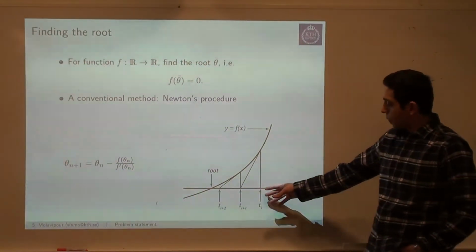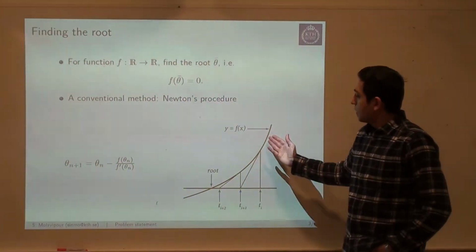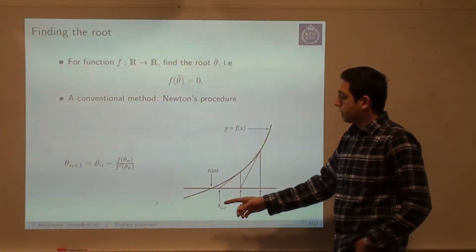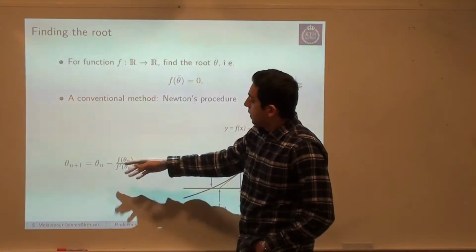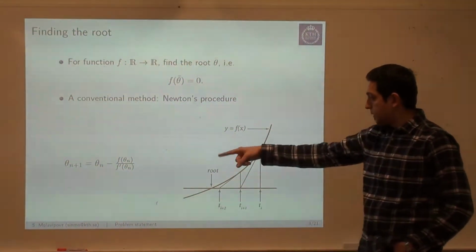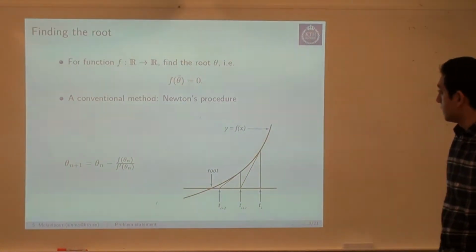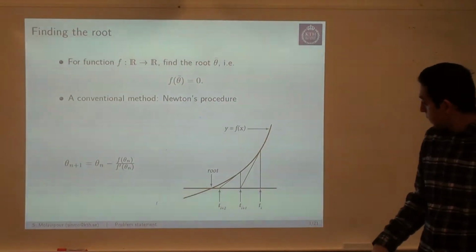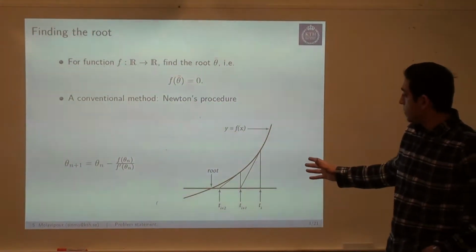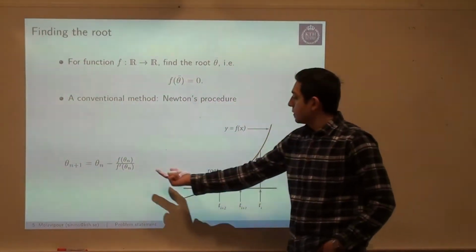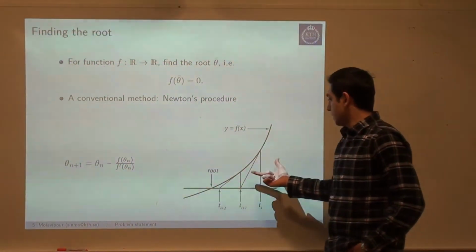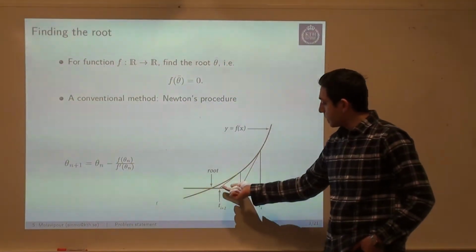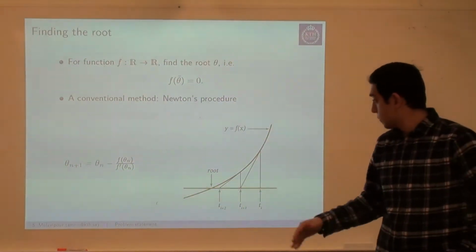We begin with a point theta_1, and then we follow this iterative procedure to find the root theta, so this theta_n is asymptotically convergent to the root theta. This is very natural, and you all know the intuition behind it. The factor behind it is going to decrease and decrease, so that you take smaller steps as the iterations go forward.